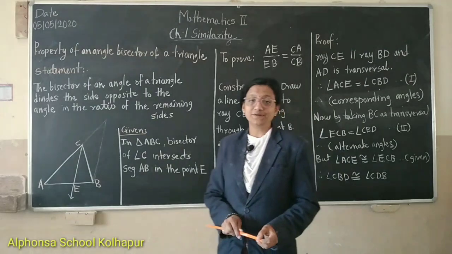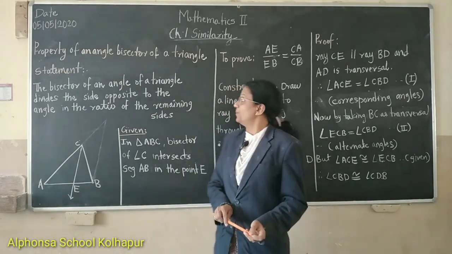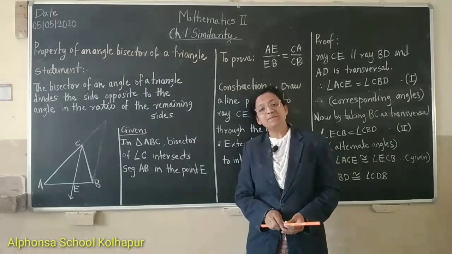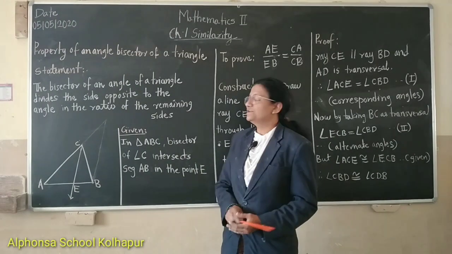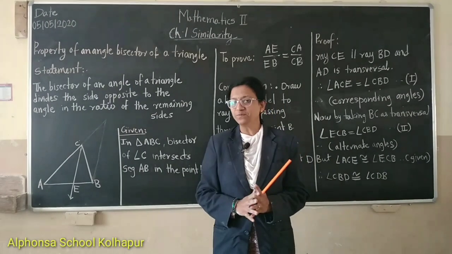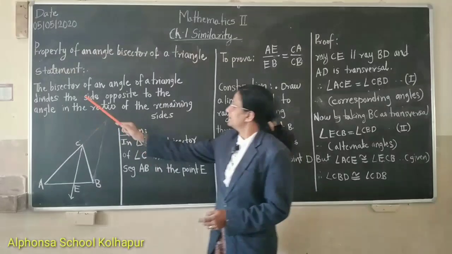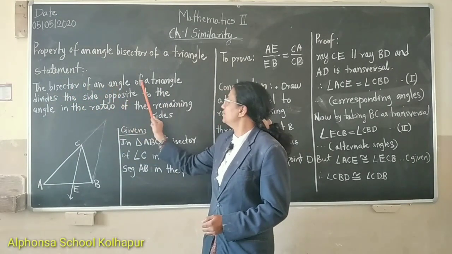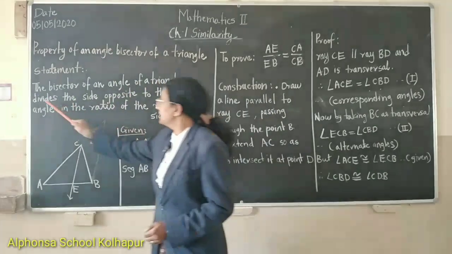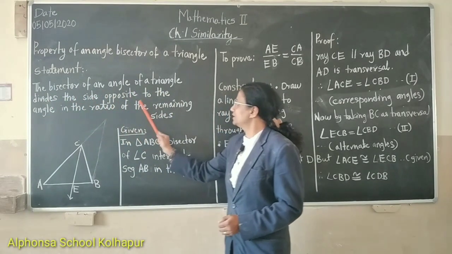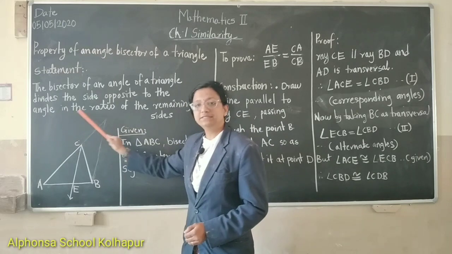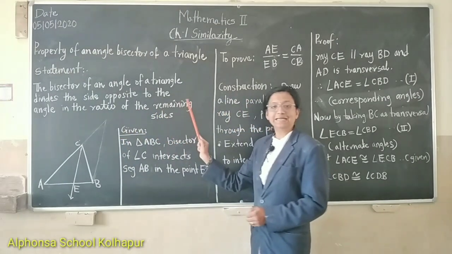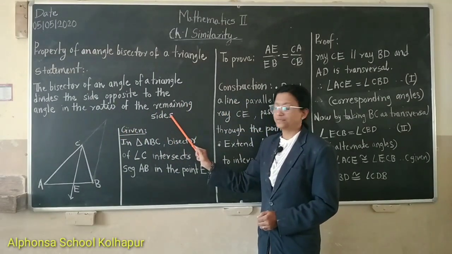Now we are going to understand property of an angle bisector of a triangle. The statement of the property is: the bisector of an angle of a triangle divides the side opposite to the angle in the ratio of the remaining sides.